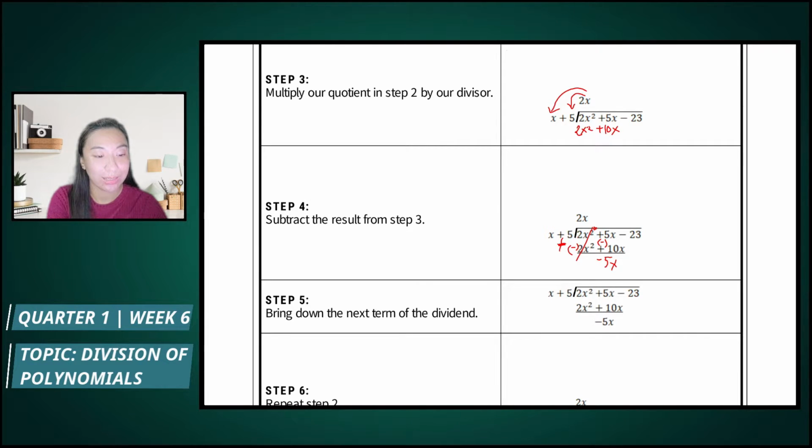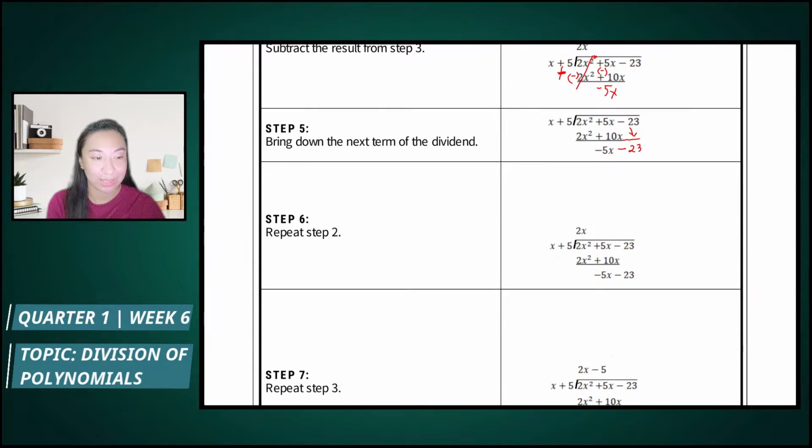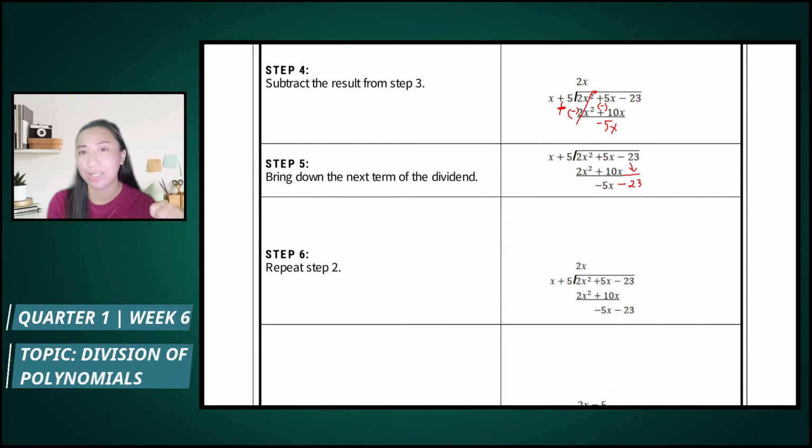After you subtract, step number 5: bring down the next term of the dividend. After we subtract, we bring down the remaining term, which is negative 23. Next, step 6: repeat step 2. This will now be our new given.